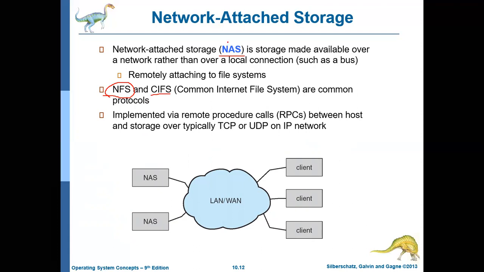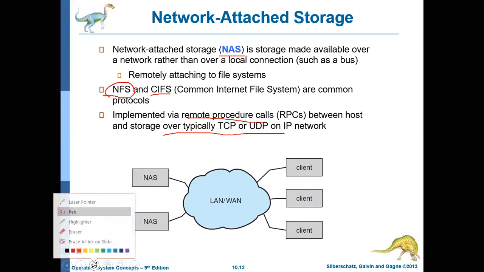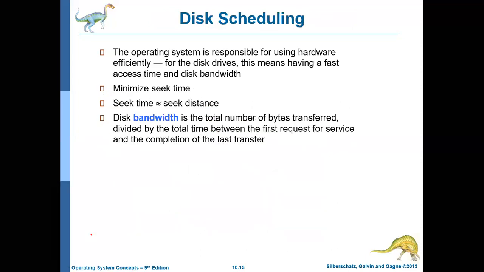The client will request more storage, or access the particular storage devices, using RPCs, remote procedure calls. Basically, remote procedure calls between the host and the storage are used over TCP or UDP on the IP network, and using TCP or UDP through the remote procedure calls, these clients can access these storage devices. That is the overall concept.